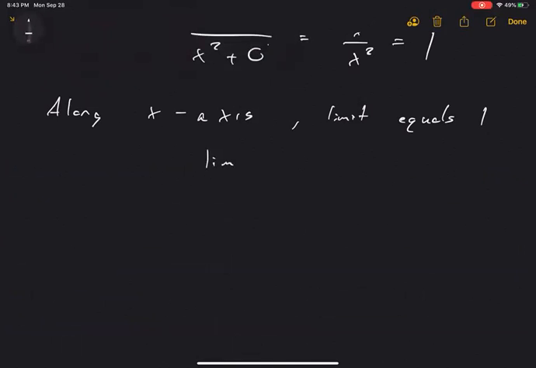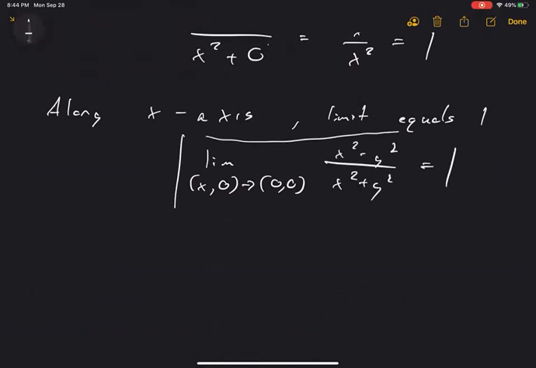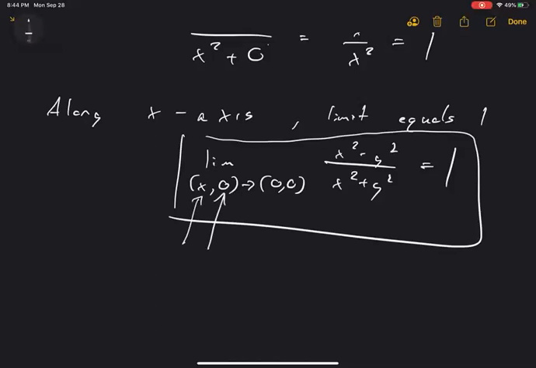We could say that the limit of (x, 0) approaches (0, 0) of f(x, y), or we could write out the function again, x squared minus y squared over x squared plus y squared. What we've said here is that x can be anything, but that y coordinate is always 0, meaning we're working along the x-axis. So this is one path we could take for our limit.